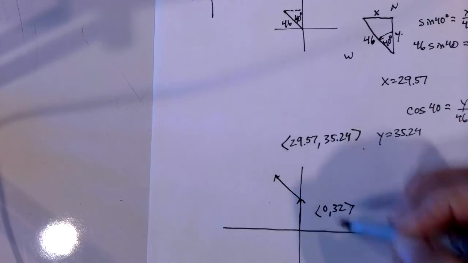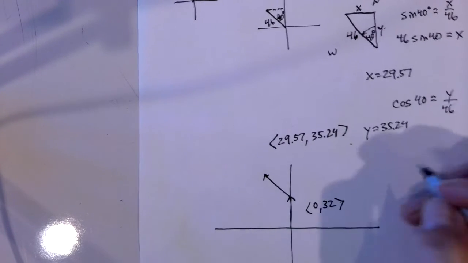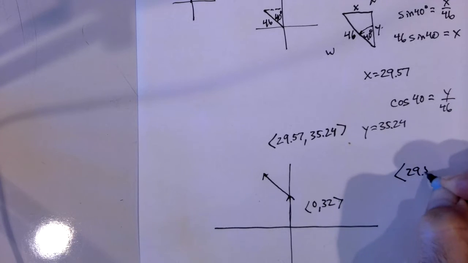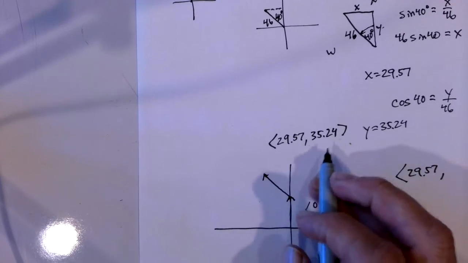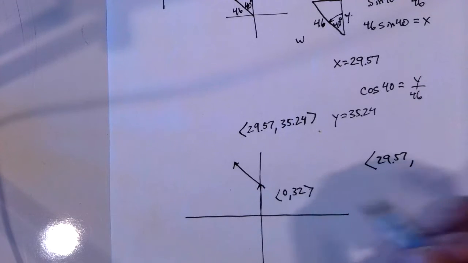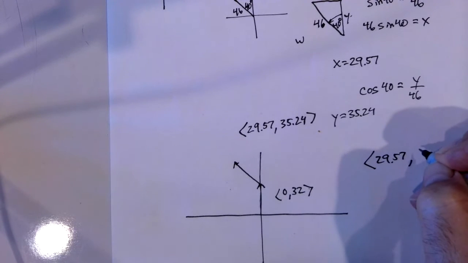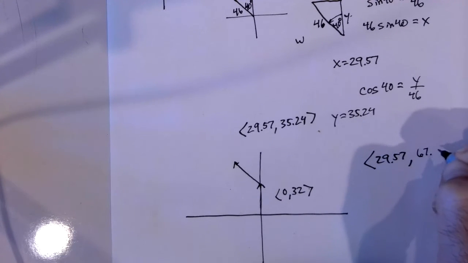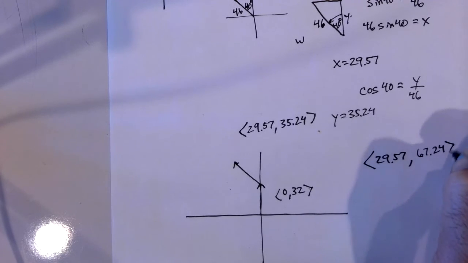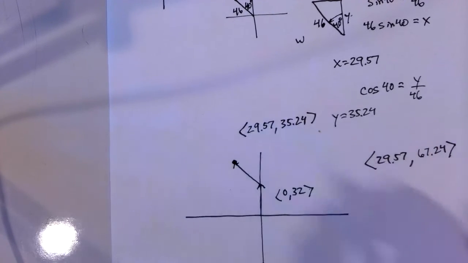And if we add those together, it gives us 29.57 and then 35.24 plus 32. Well, that's going to be 67.24. So that's this coordinate right there.